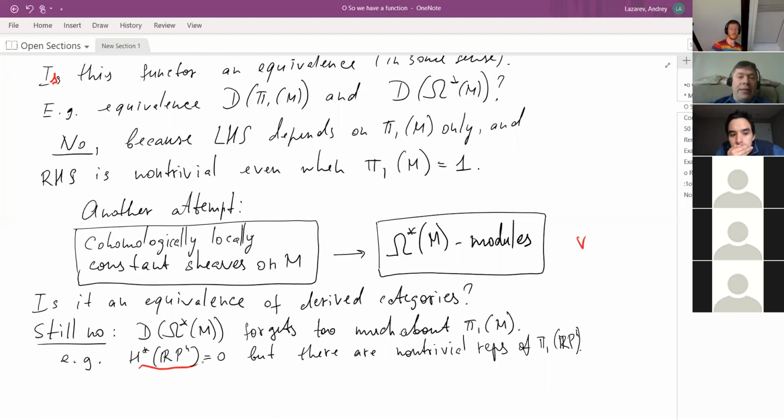And therefore, its derived category is pretty much trivial. It's the same as the derived category of R. On the other hand, there are clearly non-trivial representations of pi1 of RPn, which correspond to some non-trivial flat vector bundles on RPn. Okay.